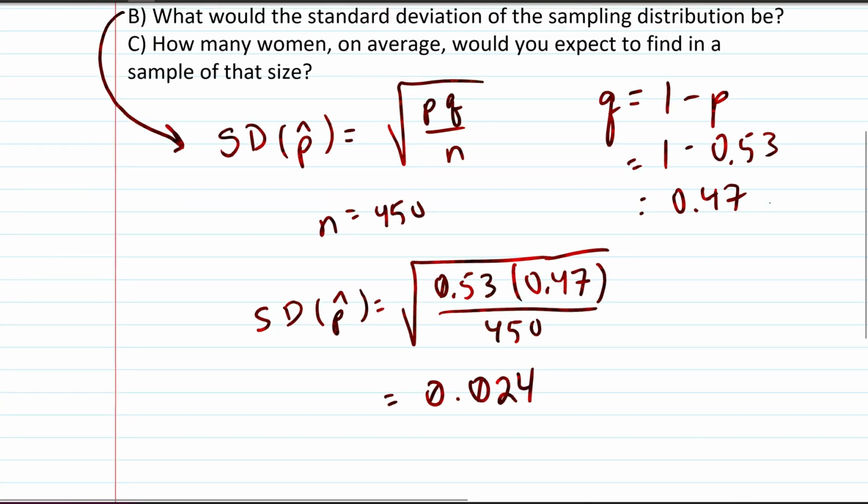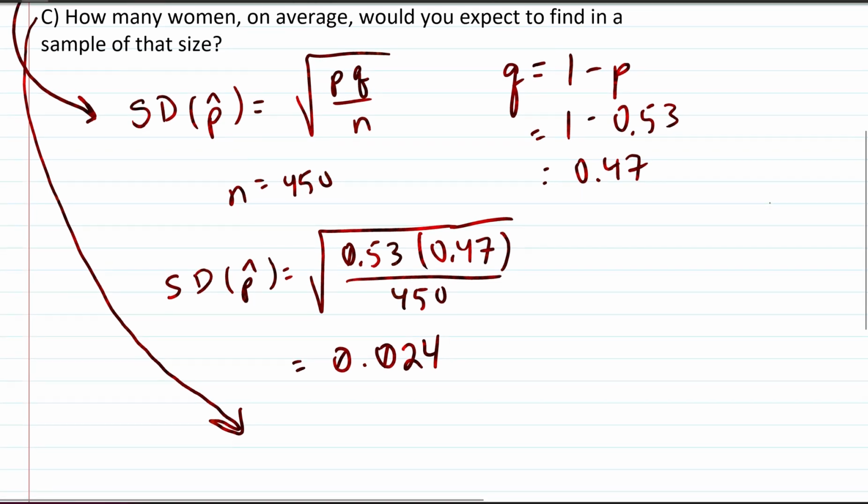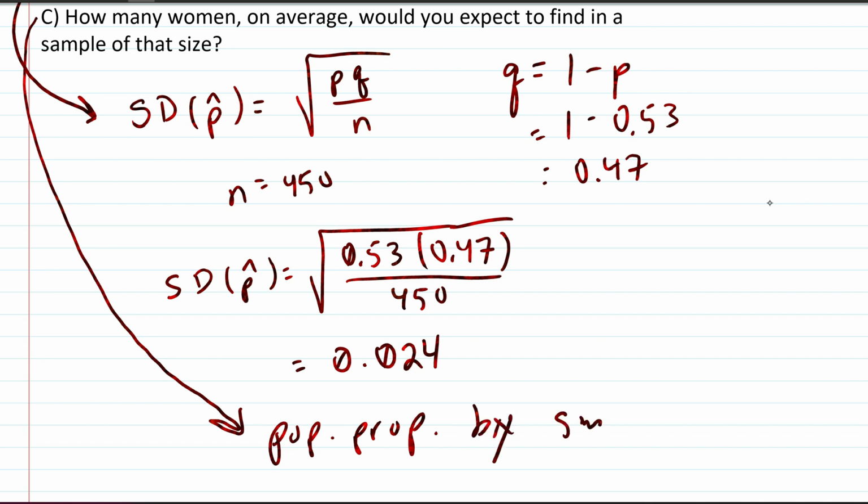Okay, and then let's take a look at that last question. It says, how many women on average would you expect to find in a sample of that size? So to find the expected number of women in the sample, we're just going to multiply the population proportion by the sample size.